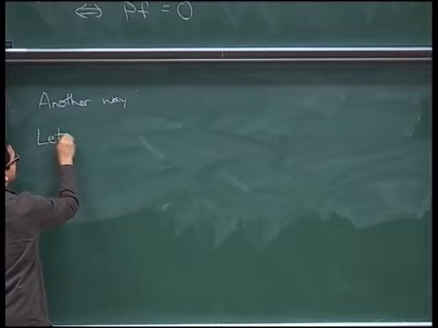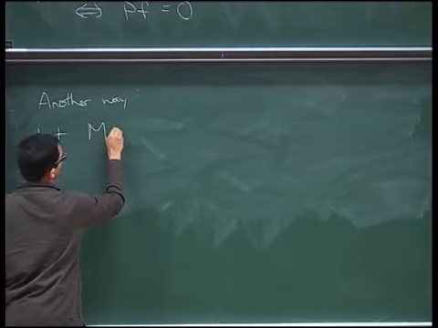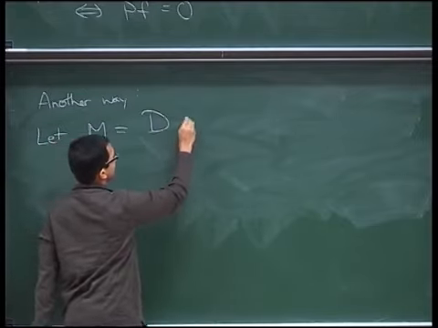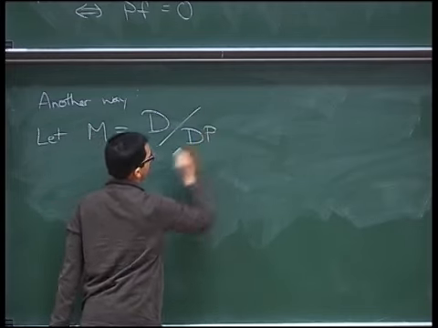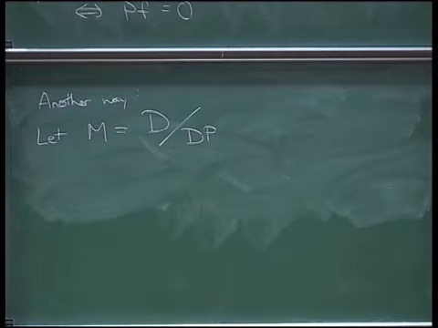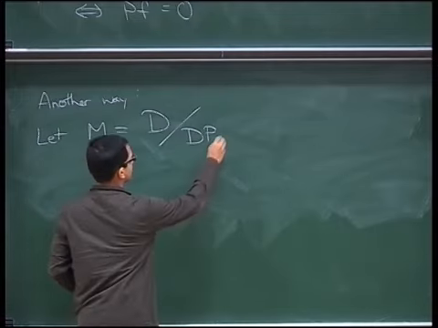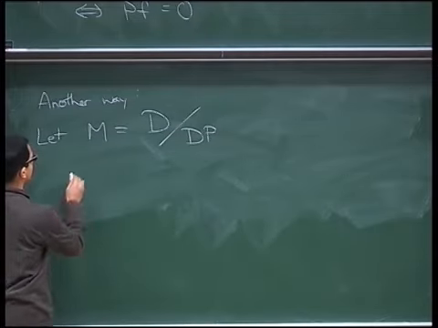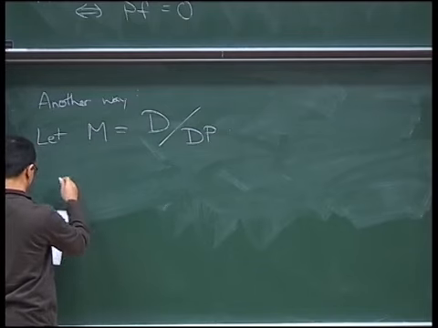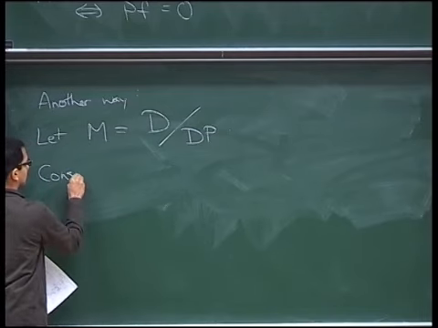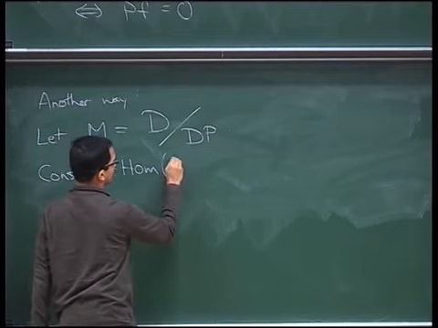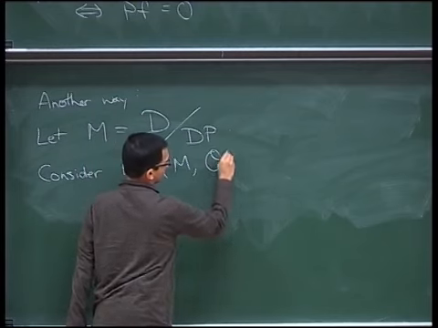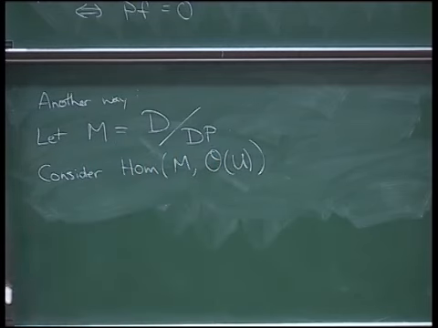Let's consider the module which you get by taking D and modding out by the left ideal generated by P. Okay, so this is going to be a left module over D. Then I want to consider the space Hom of M to O of U or something.